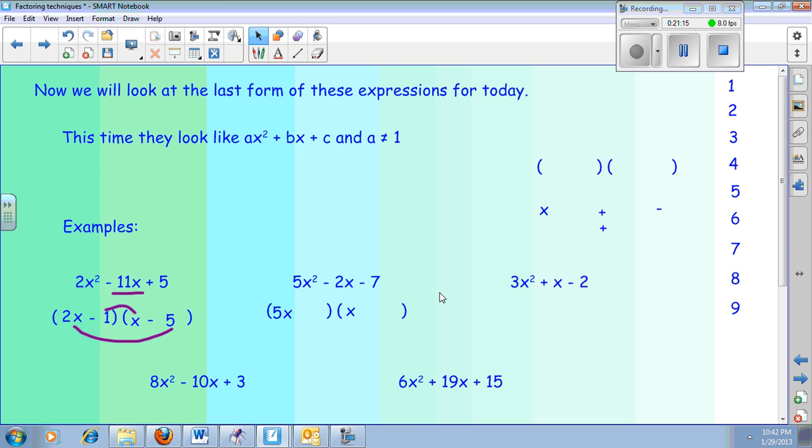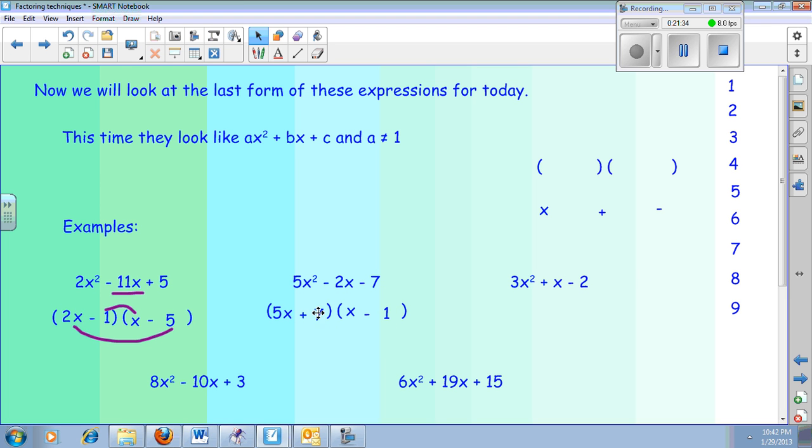Since our third term is negative, one of our factors will have to be plus, and one will have to be minus. Although I'm taking a guess at putting plus in the first one and minus in the second one. The only factors that we have for 7 are 1 and 7.